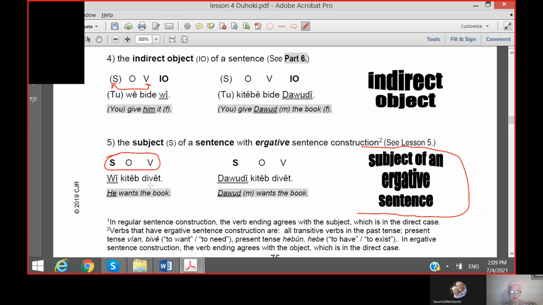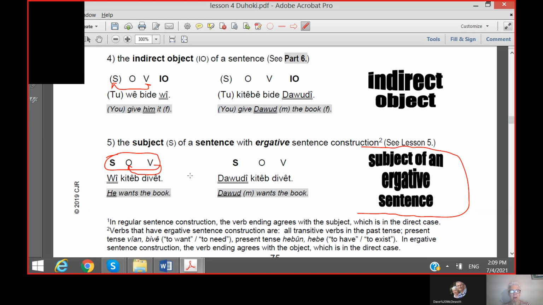But in an ergative sentence, the verb ending agrees with the object, not the subject. And that's just a weird thing.